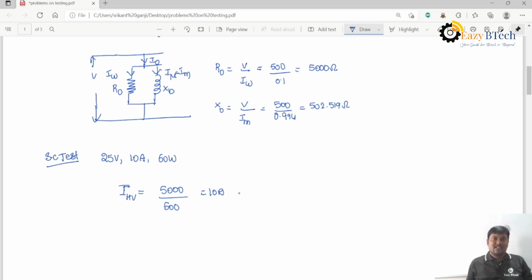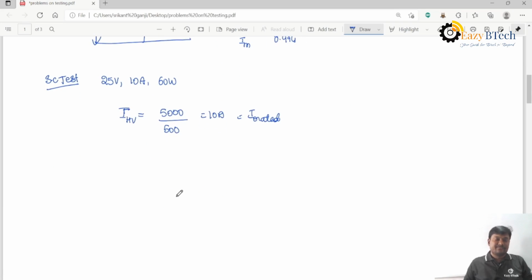Yes, this is the rated current on HV side. So all the parameters are on HV side. VSC is 25 volts, ISC is 10 amperes and WSC is 60 watts.